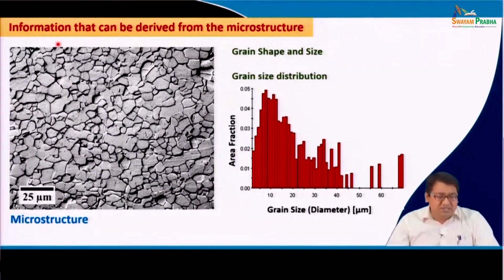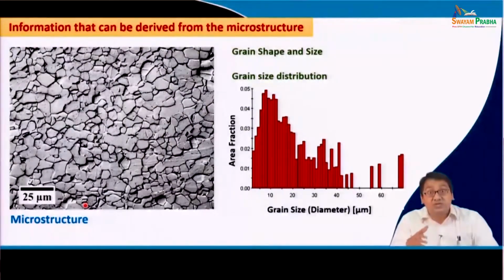In classical metallurgy, from an optical or an SEM image like this one, the microstructure shows equiaxed grains, and from this image we can obtain the grain shape.